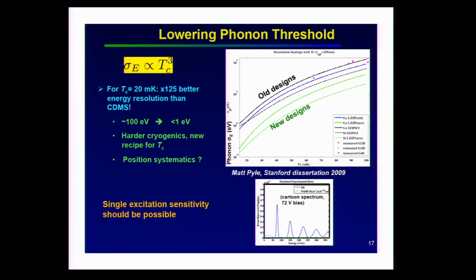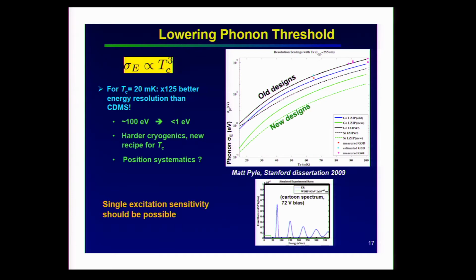We can look even further, and maybe we can get a much better resolution on the phonons, because this plot shows the phonon resolution as a function of the critical temperature of the TES, the tungsten sensor, for different TES designs. The bottom line is that it depends on the critical temperature. We've been running at 60 or 50 millikelvin, but we can improve the resolution by a lot by decreasing the critical temperature.